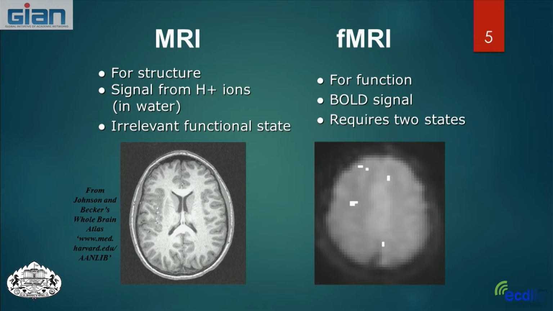With regular MRI, the functional state that the participant you're scanning is in is irrelevant. The person could be sleeping, they could be watching a movie, they could be doing any number of things in the scanner. And sometimes, in clinical scans, you want to sedate them so that they're less prone to claustrophobia or things like that.